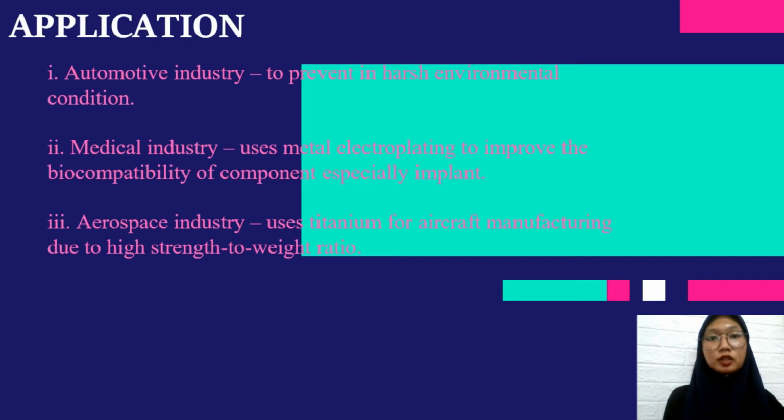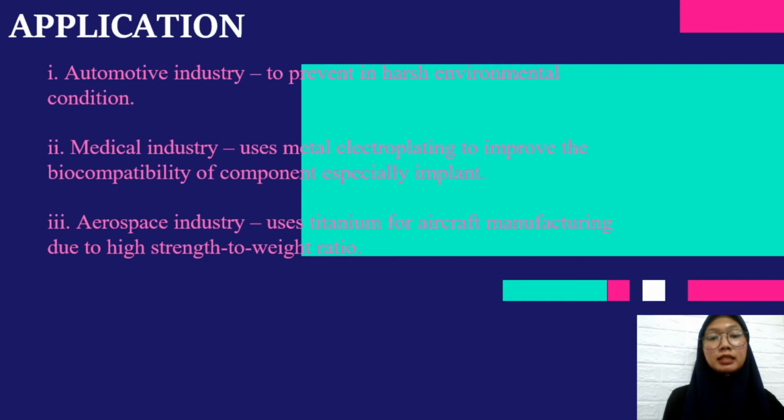For the application, electroplating is widely used across a variety of industries. Listed below are some of the industries that use the electroplating process. The first is the automotive industry. Plating is commonly used in the automotive industry to protect against harsh environmental conditions.